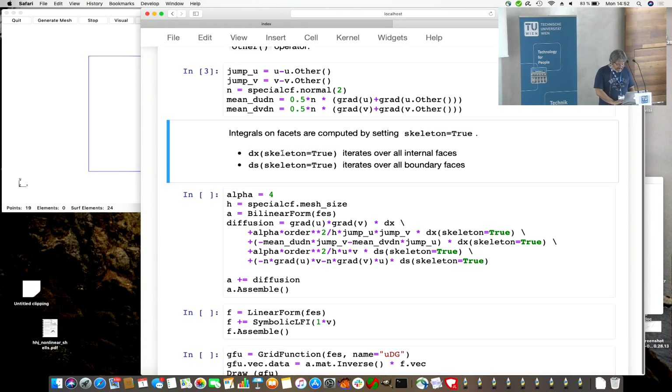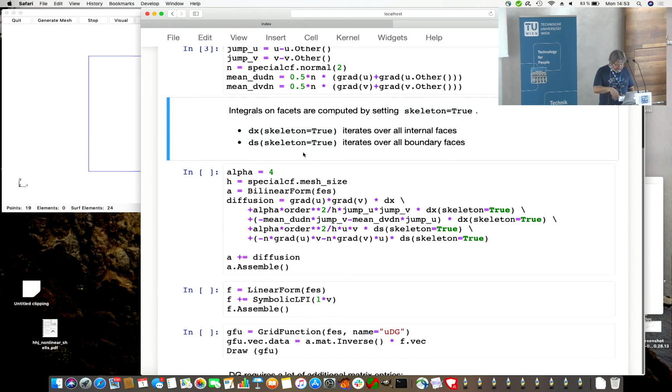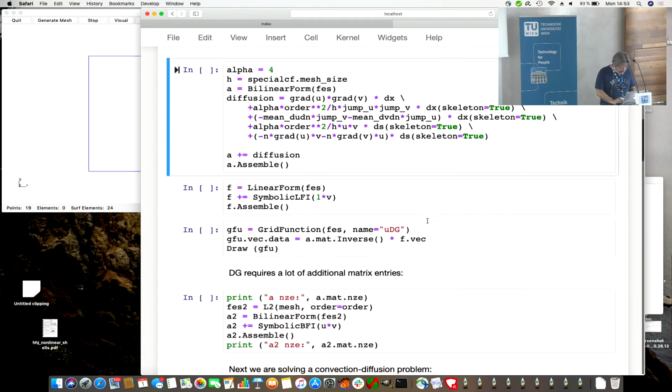And we have to set the skeleton flag for the integration over the mesh skeleton. We say dx with skeleton, and we iterate over all edges inside the domain. If we set ds with skeleton, we iterate over the boundary of the domain, which is typically used for the boundary conditions. Here you find all these terms you have seen in the bilinear form before.